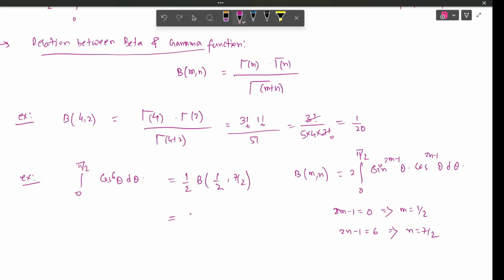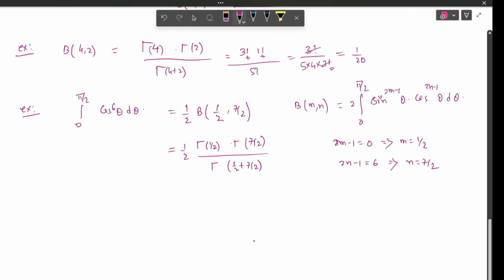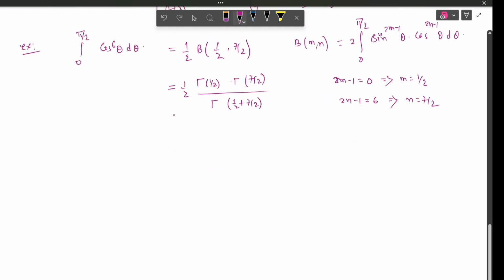So here we can write half of gamma of half into gamma of 7 by 2 by gamma of half plus 7 by 2. Okay, now let's evaluate this. We know gamma of half is root pi, so this should be half of root pi.